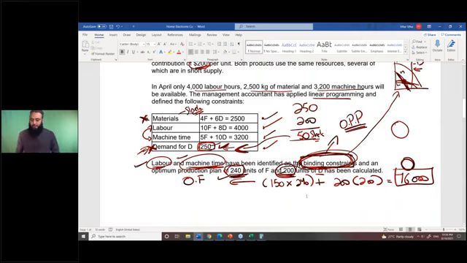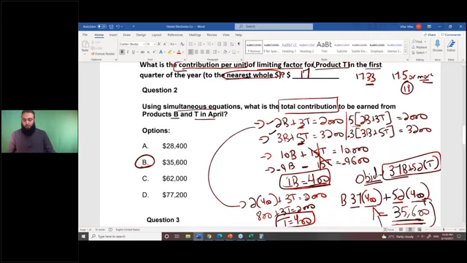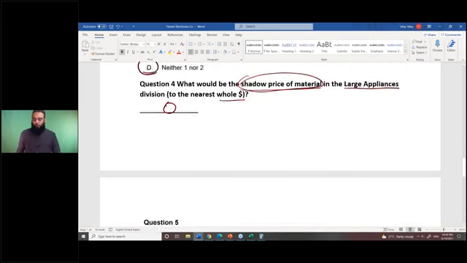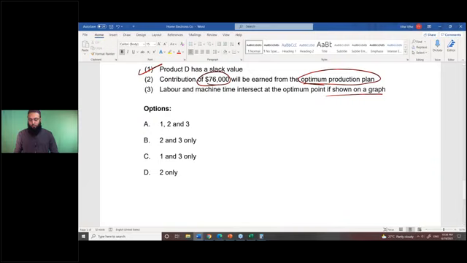The optimum point is there because on the basis of these two you have worked out the answer. So there was an intersection point where you worked out the final answer. So yes, exactly, and A is the answer. All three are correct.